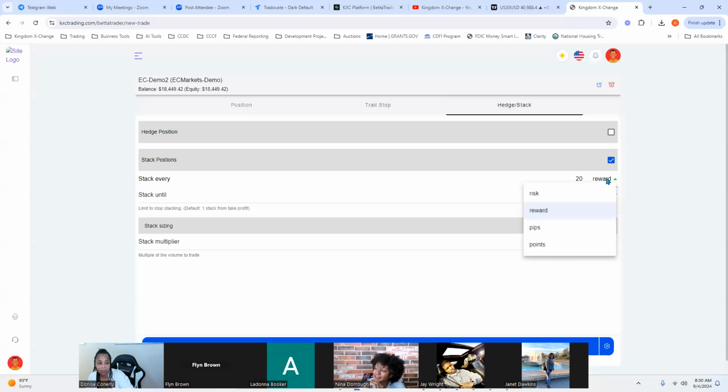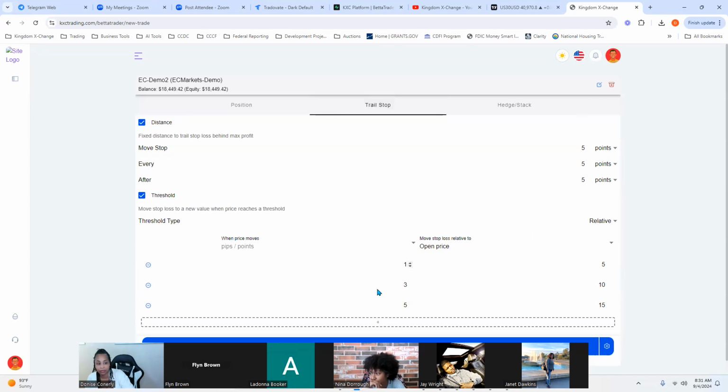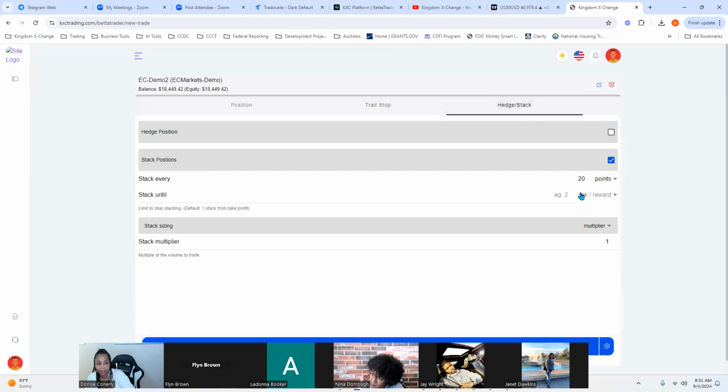And you can tell it, I want you to stack it after every 20 points, add another 0.25. Every position that it stacks is going to use the same trailing stop with it if you have this highlighted. And you can say, I want you to stack it until I get 5 positions.